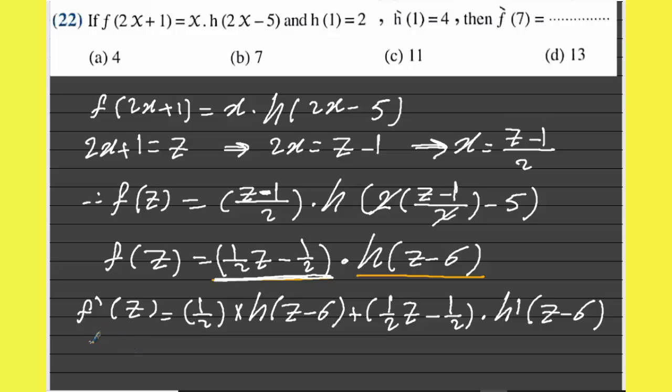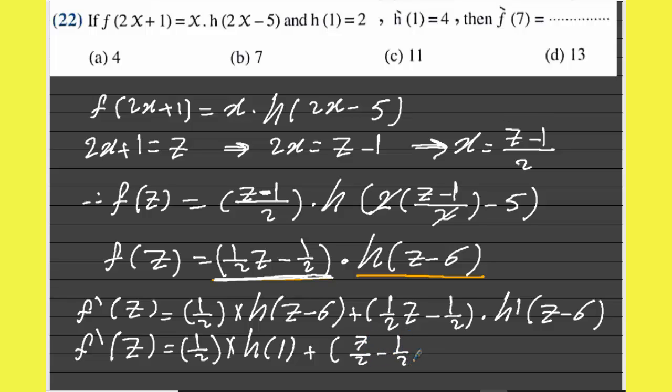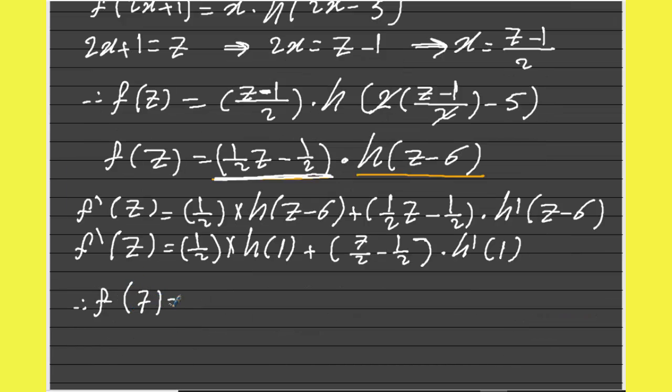So substituting z equals 7, we have f dash of 7 equals half multiply h of 7 minus 6, which is h of 1, plus 7 over 2 minus half, which equals 3, multiply h dash of 7 minus 6, which is h dash of 1.